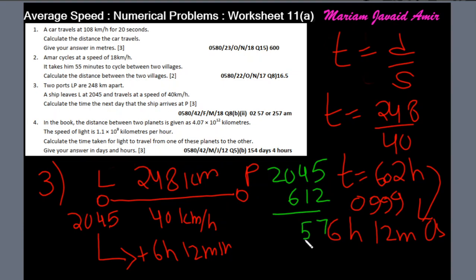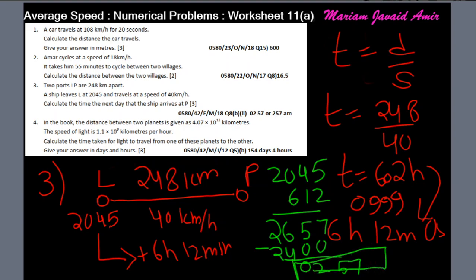This becomes 5 and this becomes 26. Now 26 means that we're crossing the 24-hour clock limit, which means we're going into the next day. So subtract 24 hours from it and we get 2:57, and you'll write it as 0257, or 2:57 in the night, so 2:57 a.m., which is the answer for question 3.